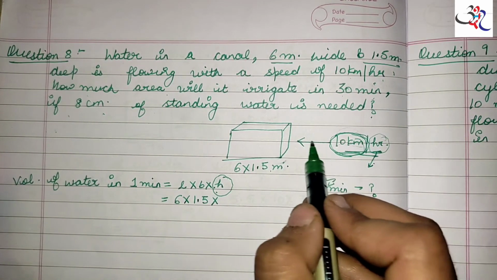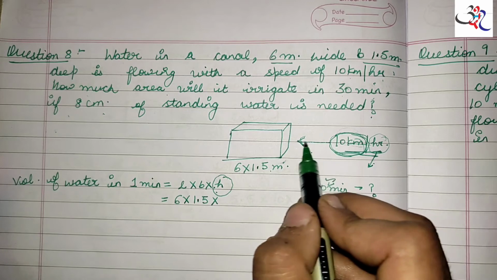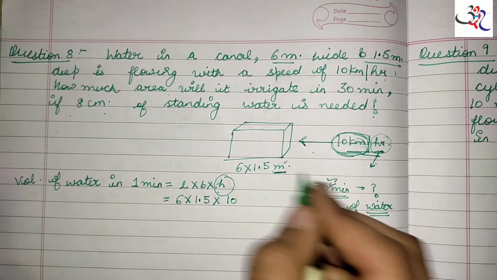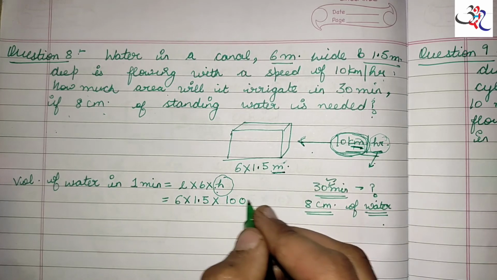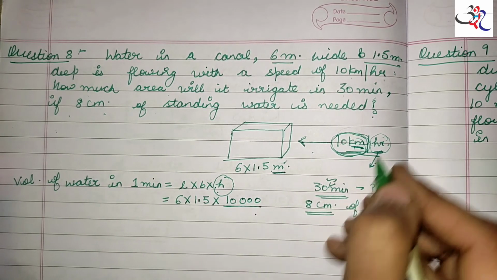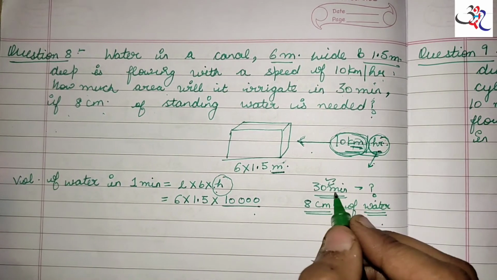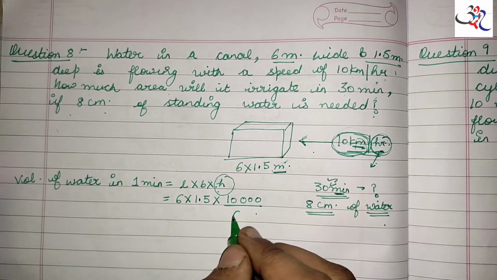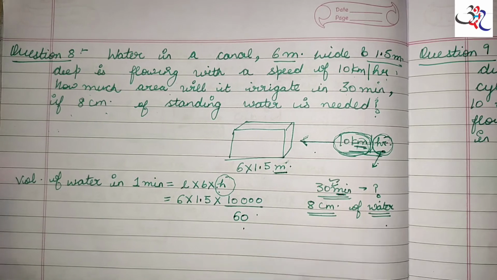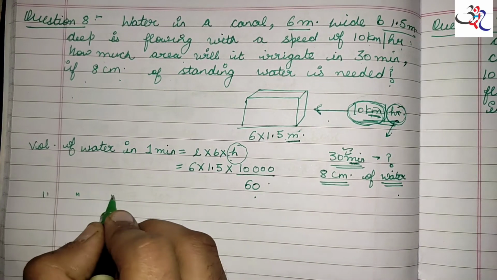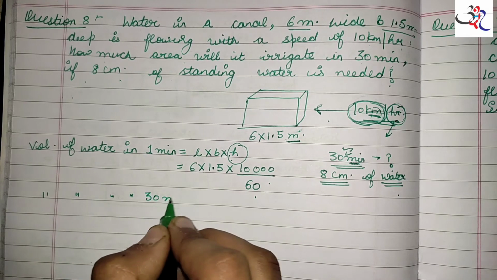So in 1 hour this much of the height is filled. All the dimensions are in meter, so I am converting this also in meters divided by hour. This is in 1 hour. To convert it to minutes, I will divide it by 60, right?